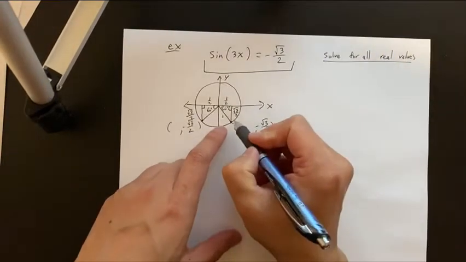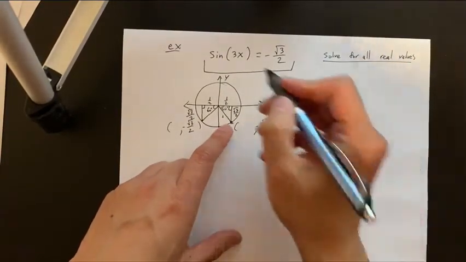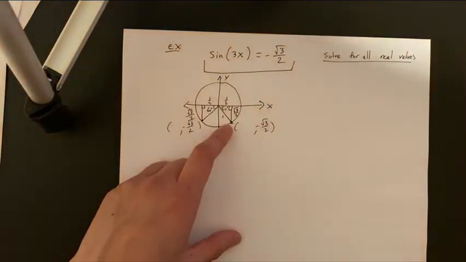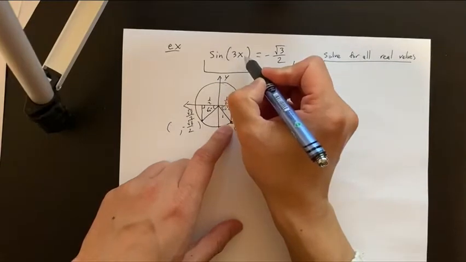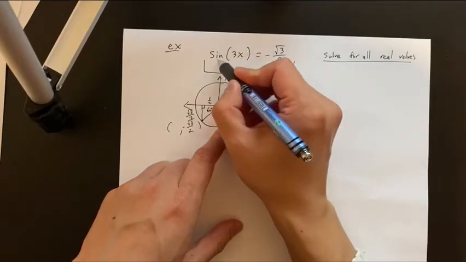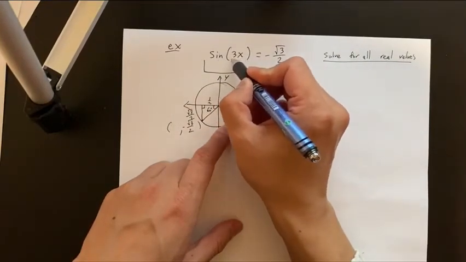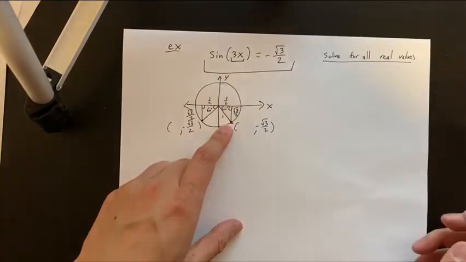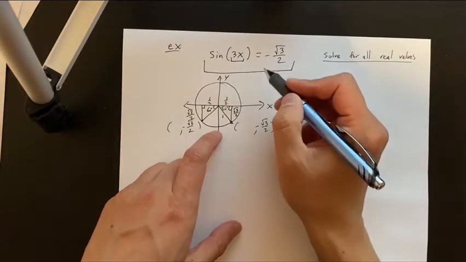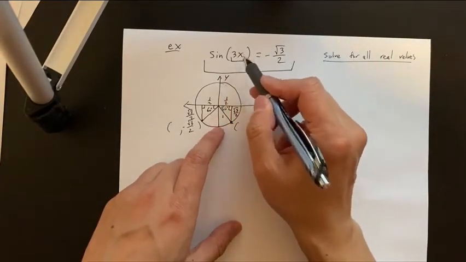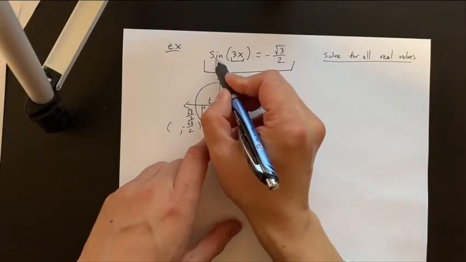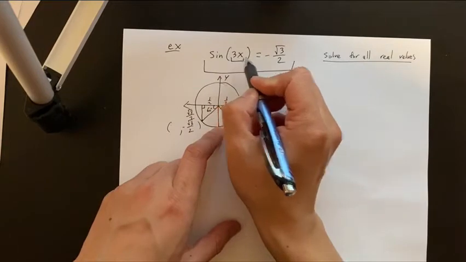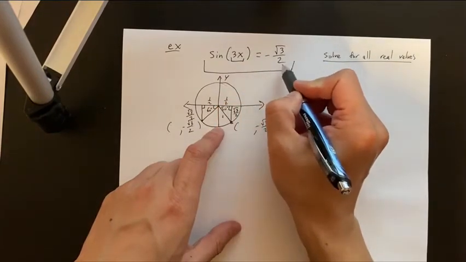But here's where we're going to be very careful, because sine takes in the angle and x turns out to not be the angle. X is not the input. The input for sine is not simply x, it's 3x. So when I'm solving for the angle, I'm not solving for x, I'm actually solving for 3x. Here, the equation is asking for sine of 3x is equal to negative root 3 over 2.